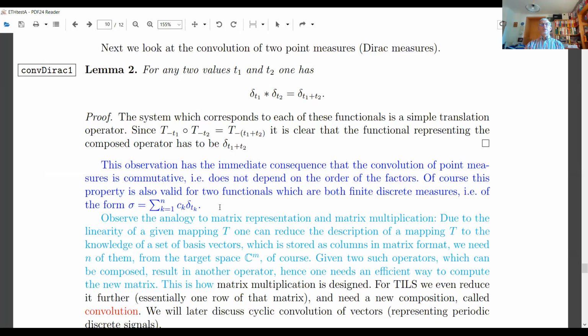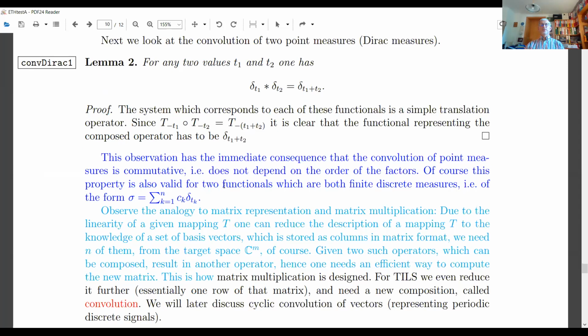So whereas it's not clear from the beginning, at the end it's clear that they will commute, which has a lot to do with the fact that there are common eigenvectors. And the eigenvectors will be the pure frequencies, and the pure frequencies in turn will give us the possibility of using the Fourier transform. So we are already in a very good shape.